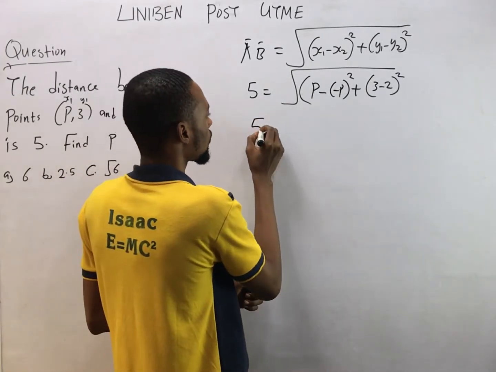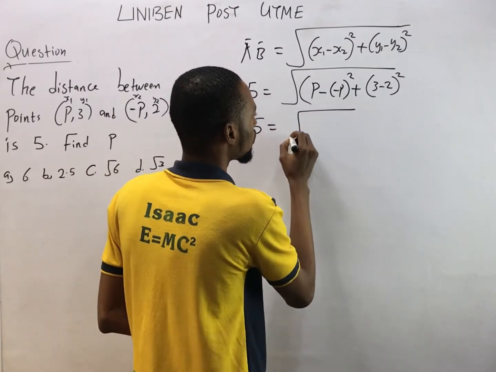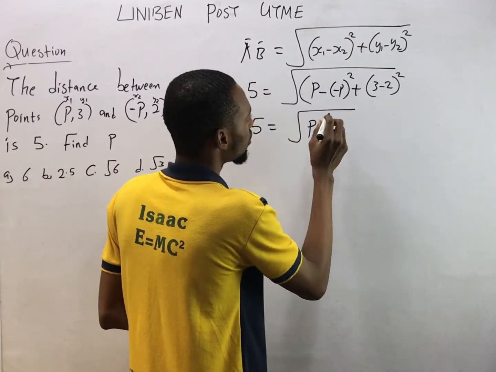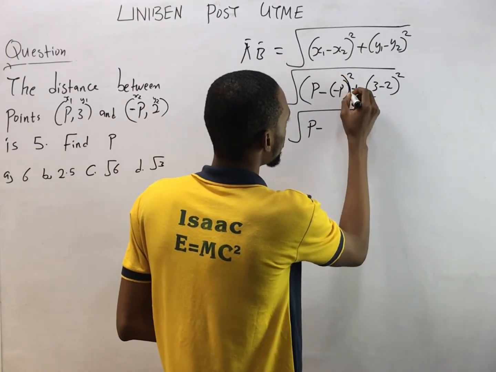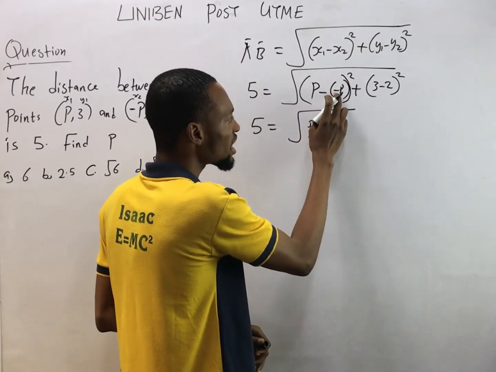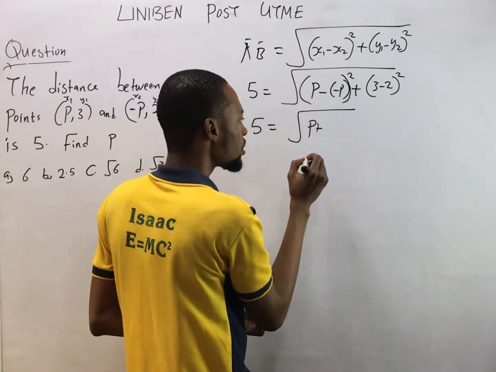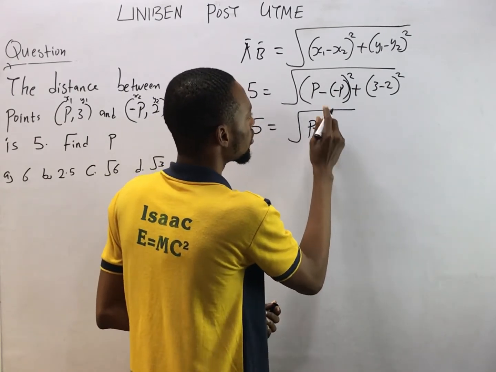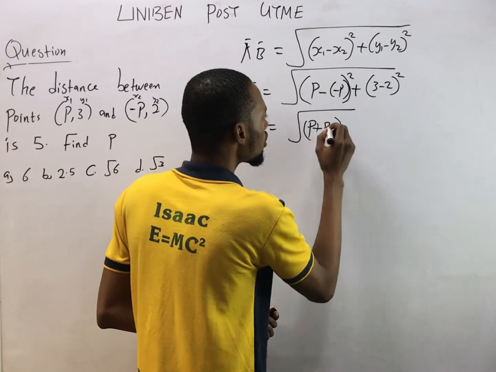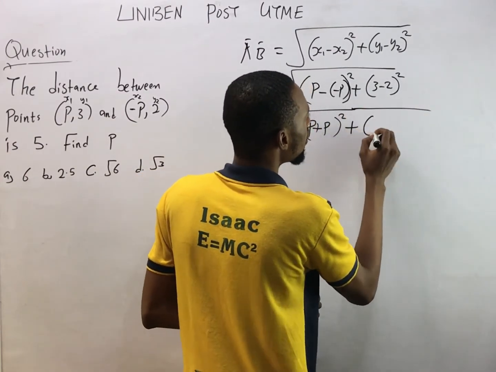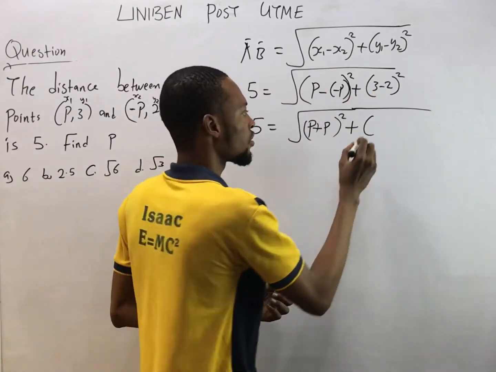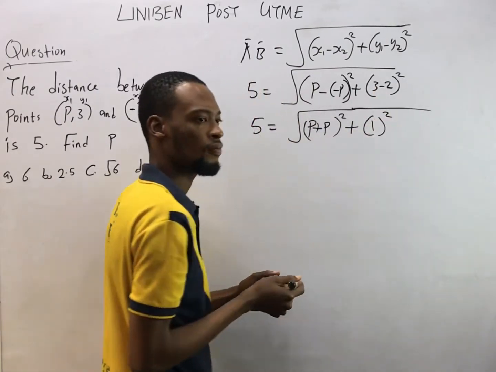You have 5 is equal to P minus, times minus is plus. So this will give you plus P. So P plus P, all squared, plus 3 minus 2 is 1, 1 squared.